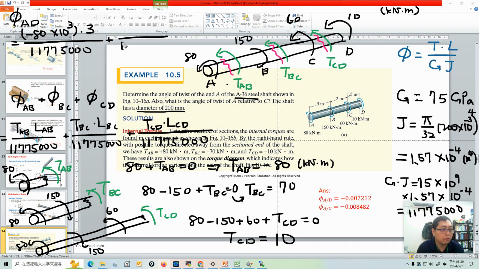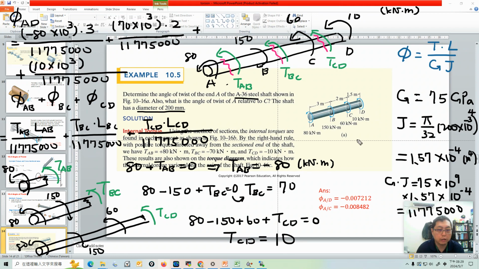Divided by 11775000. And this is 70 times 10^3, times 2, divided by 11775000. And the final one is 10 times 10 to the power 3, times LCD, which is 1.5, divided by 11775000. I can erase everything here.